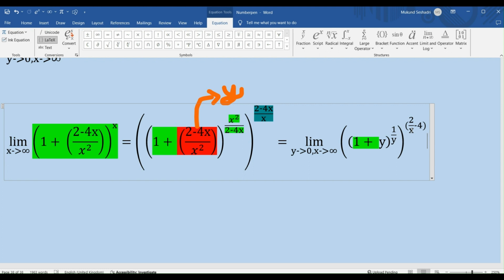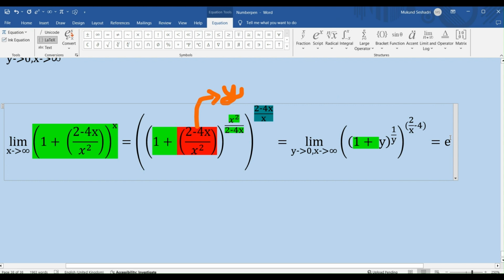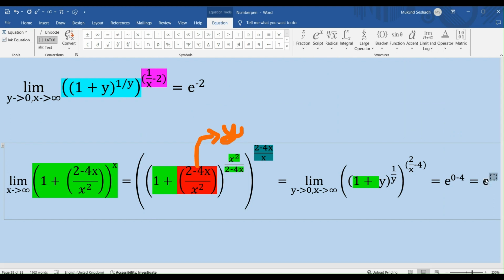And so my second part of the exponent, when this entire expression, which has 1 plus y to the power 1 by y, tending to e, and the second part of the exponent, which is 2 by x minus 4, tending to minus 4, my entire expression, just like how we saw in the previous problem, will tend to e to the power 0 minus 4, which is nothing but e to the power minus 4, right?